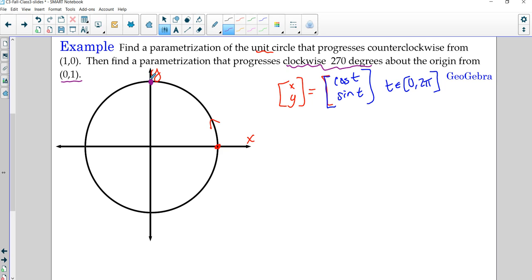Well, I still need to parameterize x and y, but in order to start at the point 0, 1, I want you to just pause the video here and take a moment and see if you can find a parameterization that will allow you to start at that point and then progress clockwise.